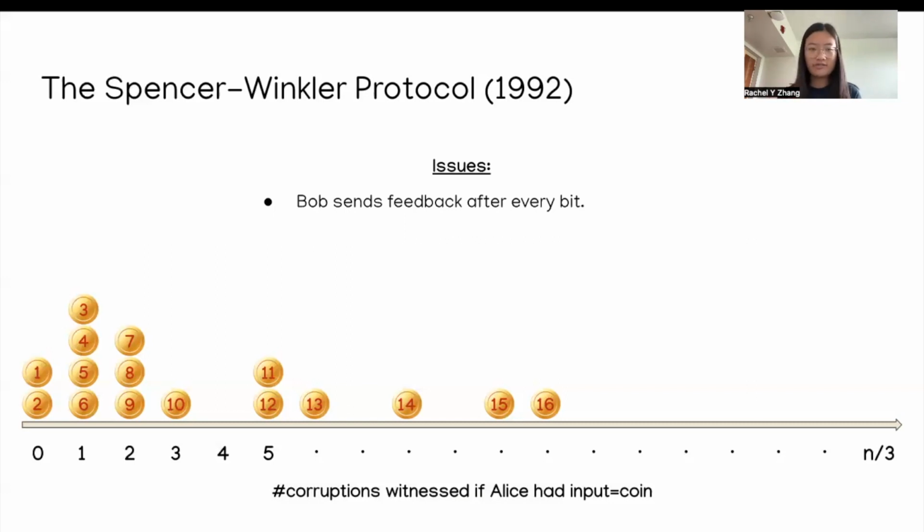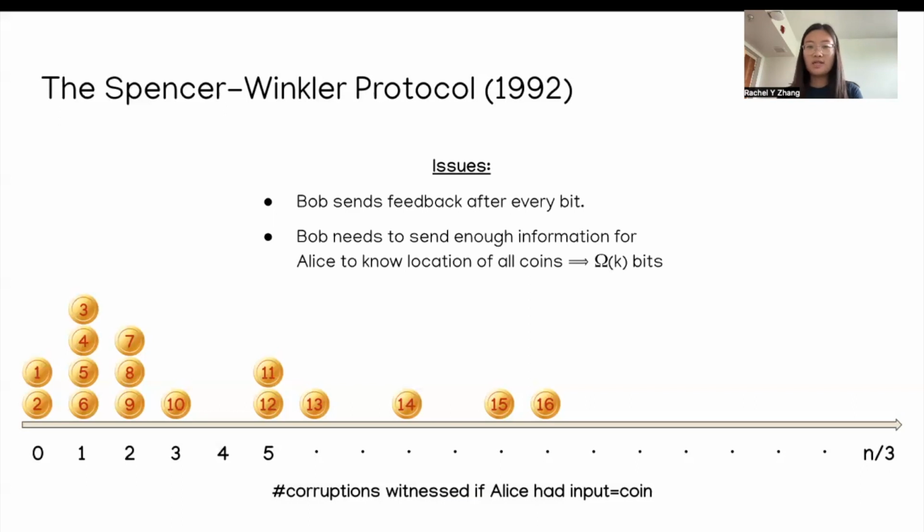The bigger issue is as follows, that Bob needs to send enough information for Alice to know the location of all the coins. So in particular, he needs to have her know his exact state at every single point in time. And this requires at a minimum O of k, at least k bits of feedback. For instance, he could send exactly what he's received at every point, which would tell her his state, but anything less than that would probably not be sufficient to tell her exactly what he has.